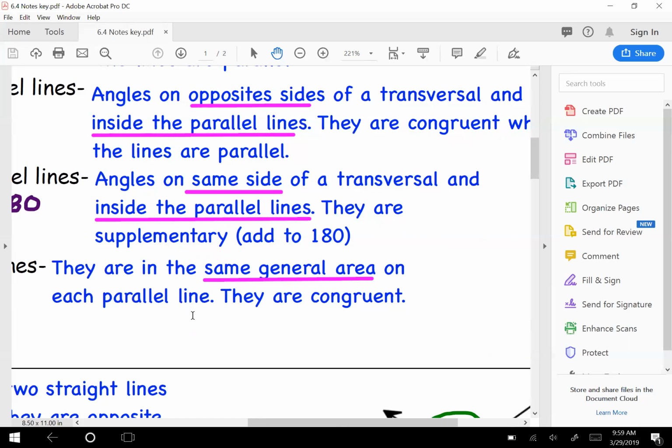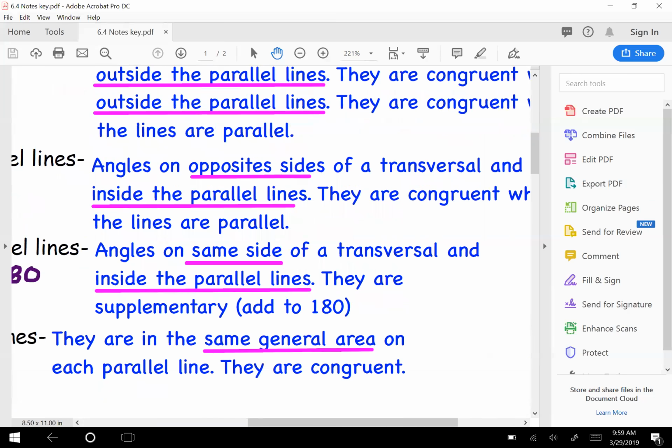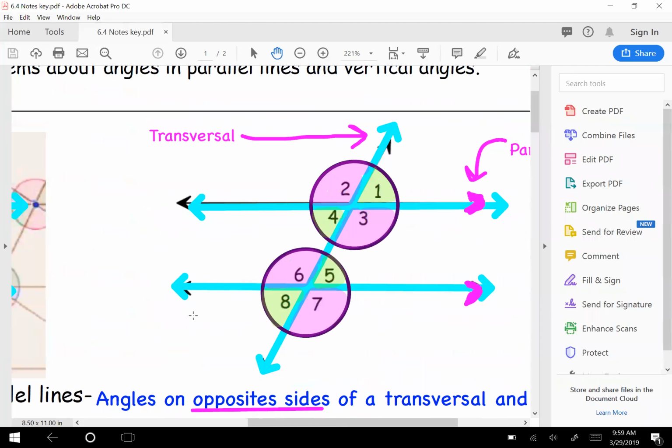Okay, so same general area means they're both outside or above the lines on the same side of the transversal. So let's look. If we look at angle 2, 2 is above the parallel line and it's on the left-hand side.